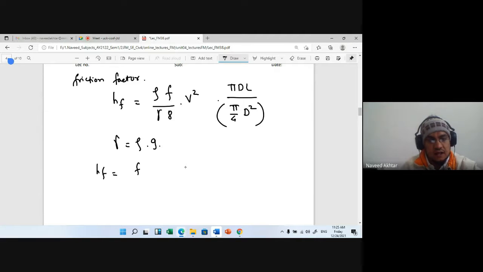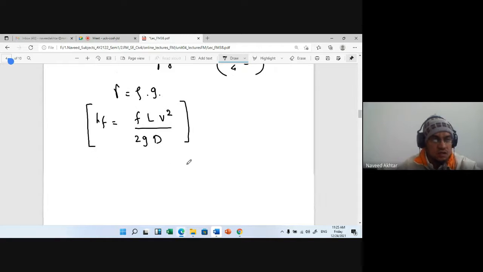F L V square upon, the 4 will come up here, so 2 into G, rho will cancel, into D square, D cancels, only one D will remain, so 2 G D. So this is the thing, your HF value, that is head loss as per the Darcy Weisbach equation.